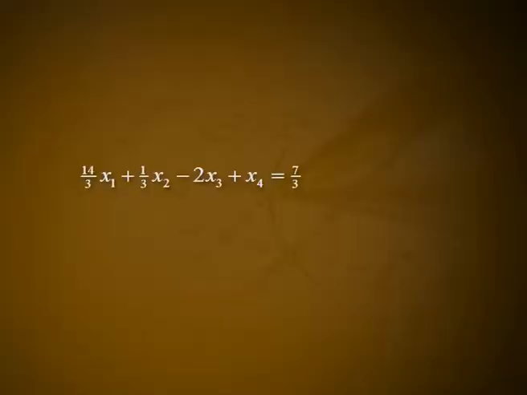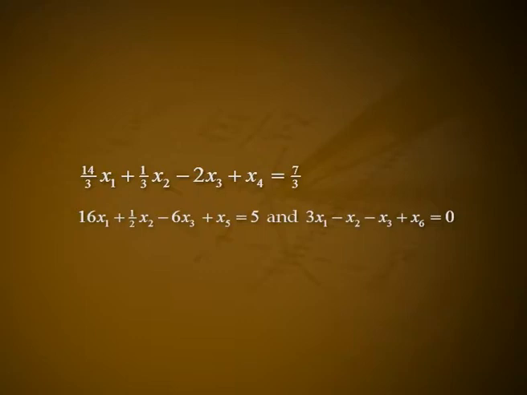Let us write the constraint equalities as 14 by 3 x1 plus 1 by 3 x2 minus 2 x3 plus x4 equal to 7 by 3, 16 x1 plus 1 by 2 x2 minus 6 x3 plus x5 equal to 5, and 3 x1 minus x2 minus x3 plus x6 equal to 0.